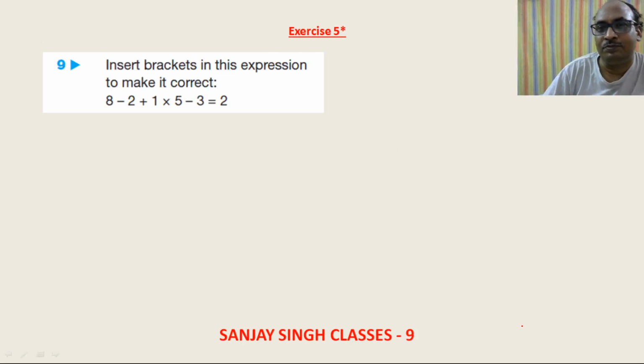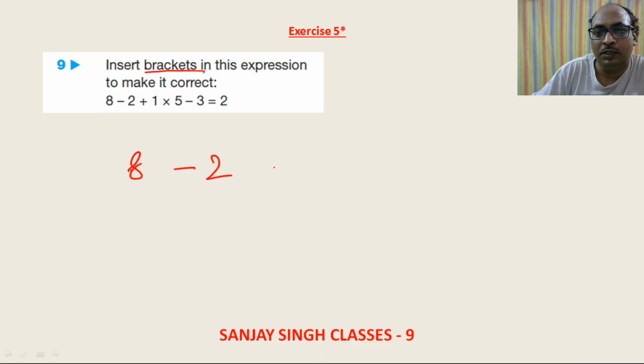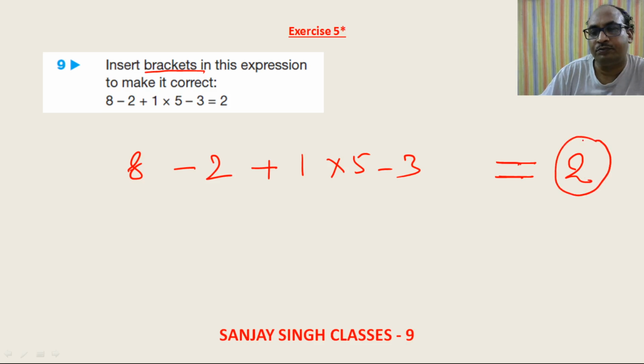Now coming to this question. We need to put brackets in 8 minus 2 plus 1 into 5 minus 3, in such a way that after solving the expression we should get our answer as 2.